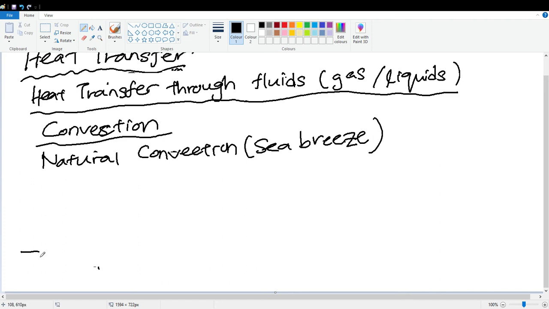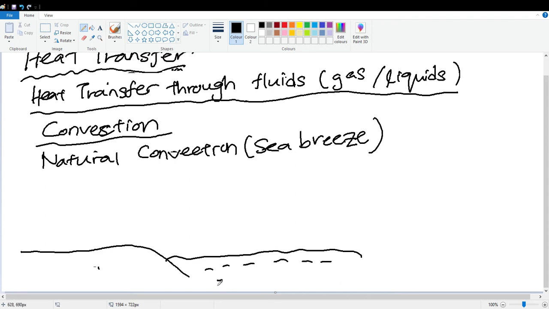So this will be my land and this will be my sea, and this shall be the sun. In the morning on a hot day, the land is heated up faster than the sea.